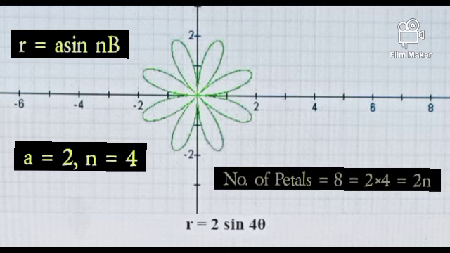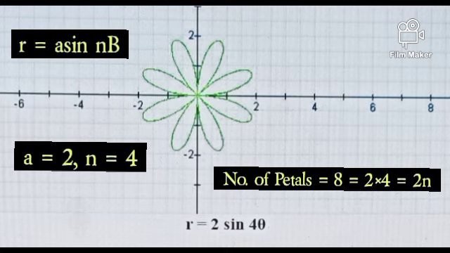And the graph of the polar equation r equals 2 sine 4b or 4 theta is a rose with 8 petals.